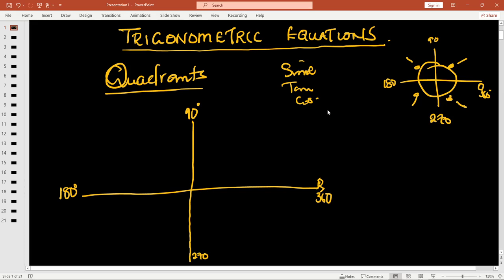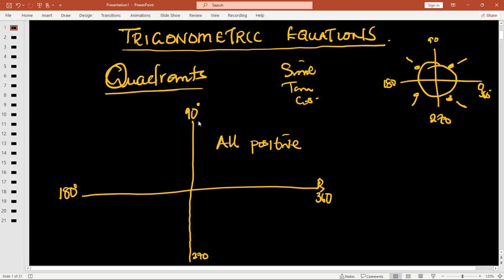So now, the signs of these functions differ in whatever quadrants they are placed. In the first quadrant, all the functions are positive. So all functions between 0 and 90 degrees are positive.